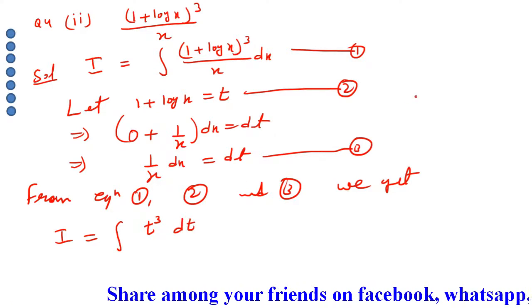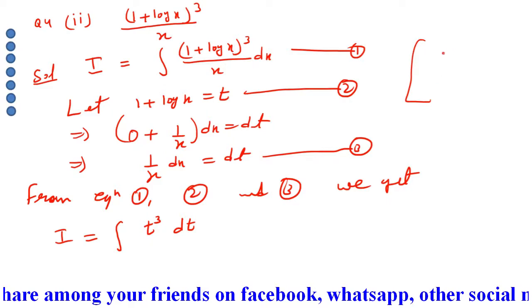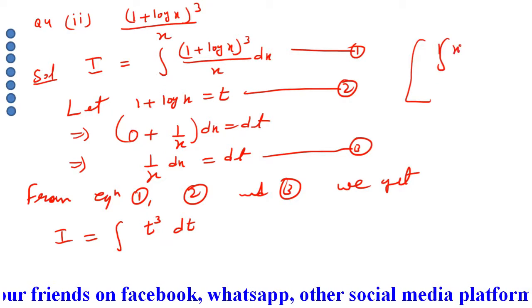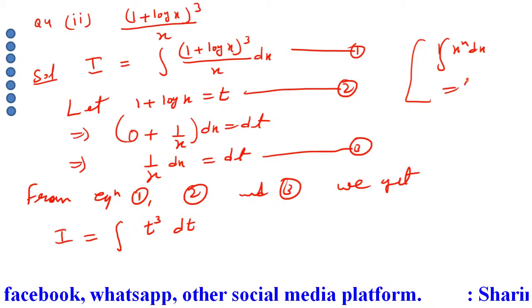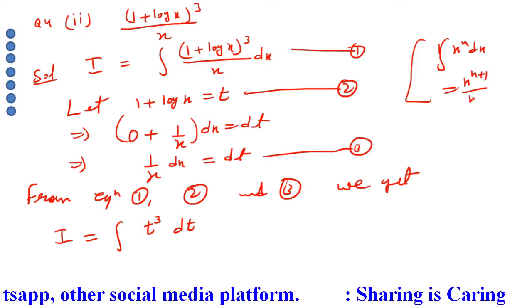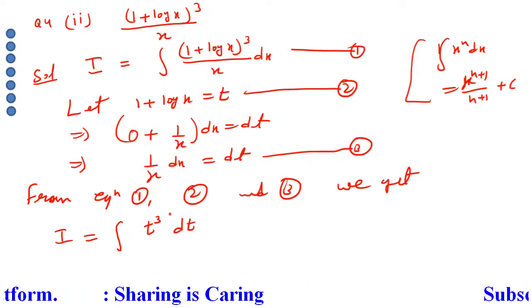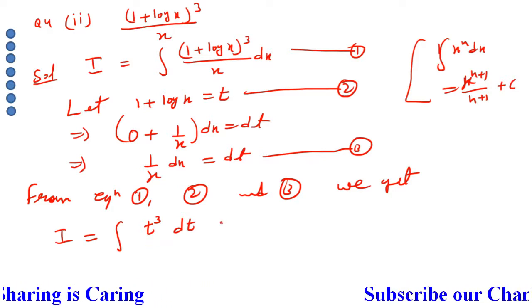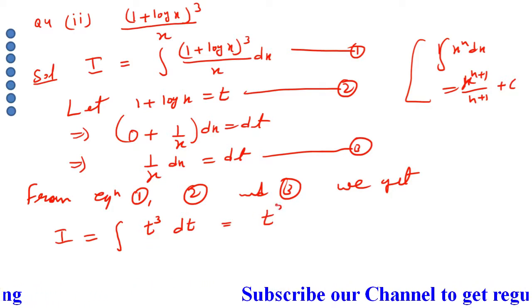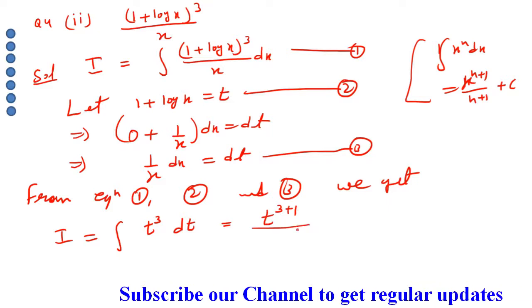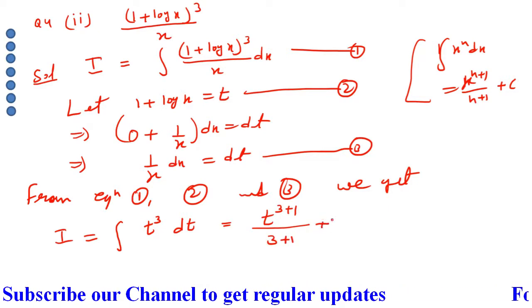Now x to the power n integration formula. What is the formula of integration of x to the power n with respect to x? It is x to the power n plus 1 upon n plus 1 plus c. So by using this formula we are going to get here t to the power 3 plus 1 upon 3 plus 1 plus c.